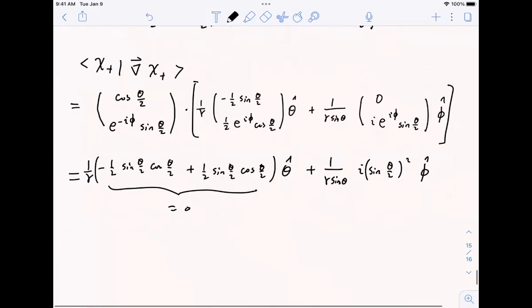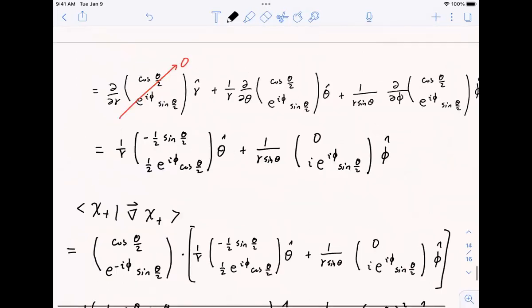Okay, so eventually you just get I sine theta over 2 squared. Okay, so we get this part.